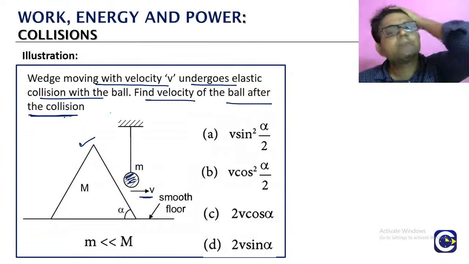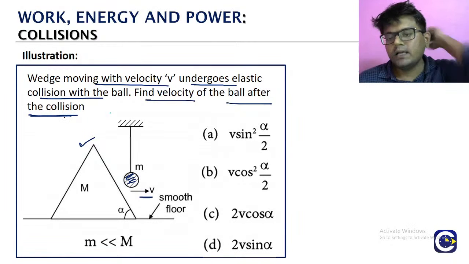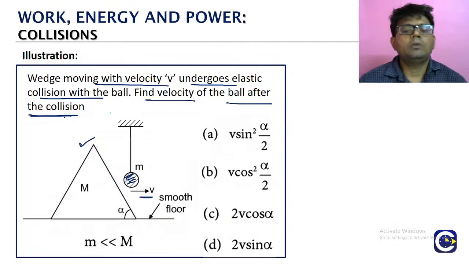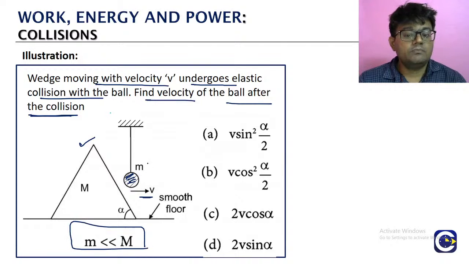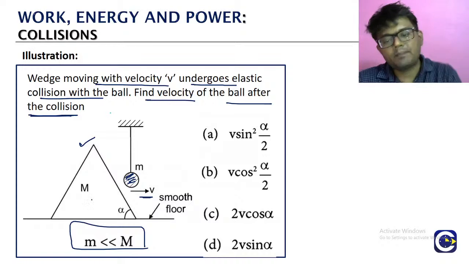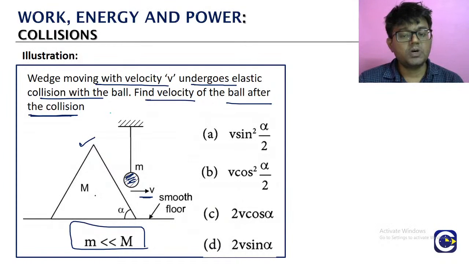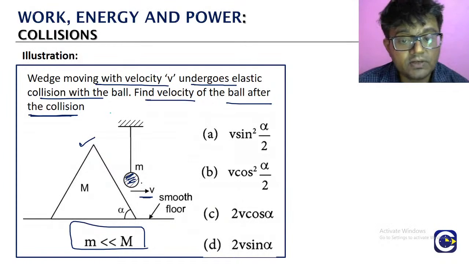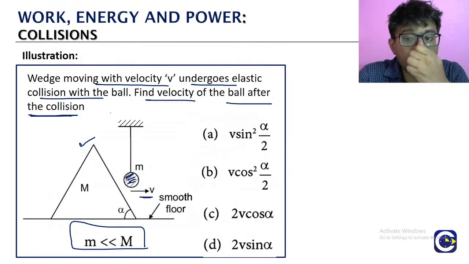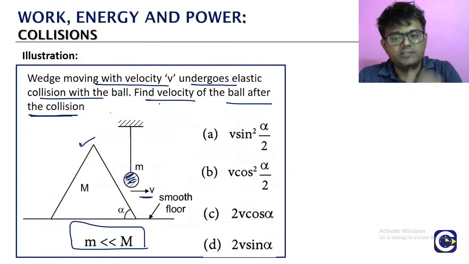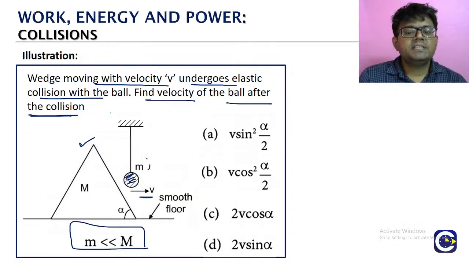What we need to find here is the velocity of the ball after the collision. This is a case where small m, the mass of the ball, is very less in comparison to capital M. The ball is initially at rest.